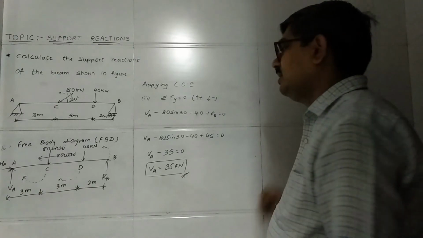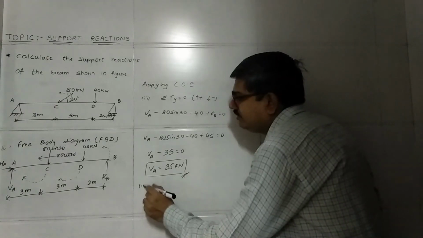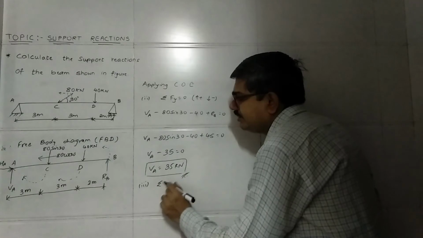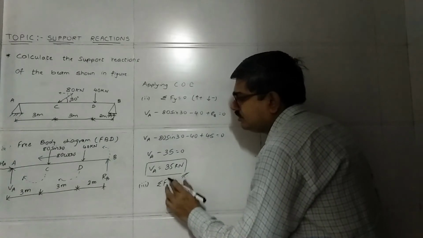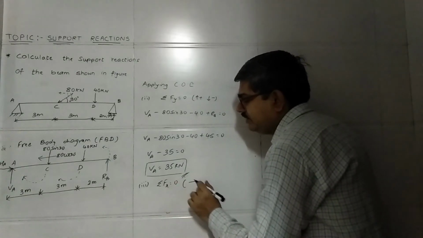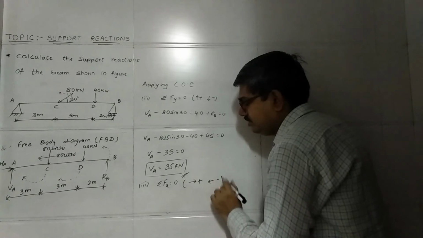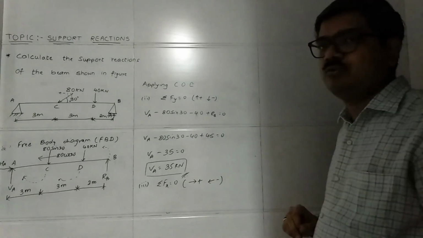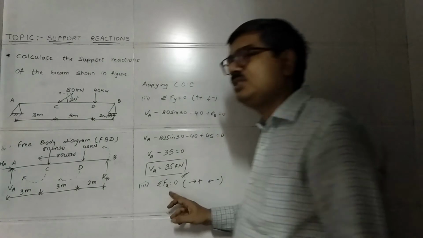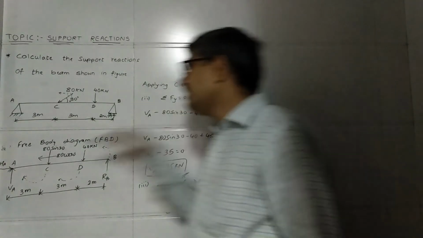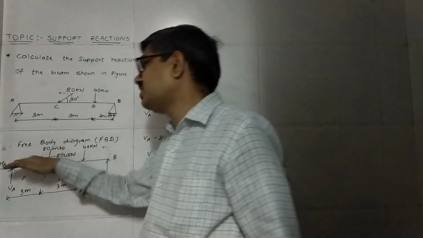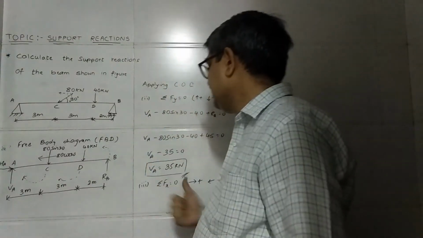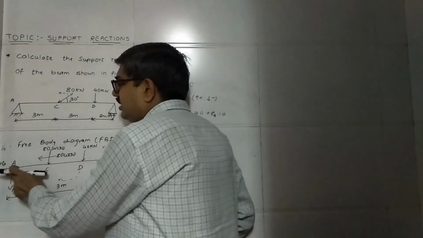Now the third condition of equilibrium, that is summation Fx equal to 0. Sign convention, right side horizontal positive and left side horizontal negative. What is the meaning of summation Fx? Whatever horizontal forces or reaction forces are acting on the beam, you have to consider those. See, there are only two horizontal forces.